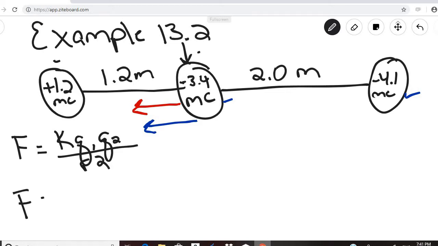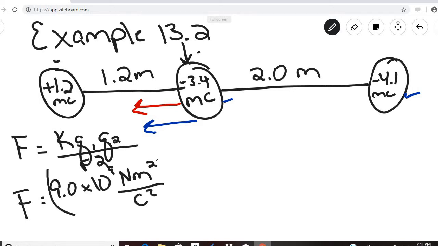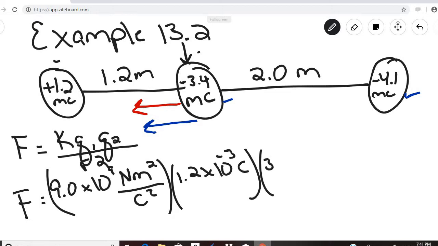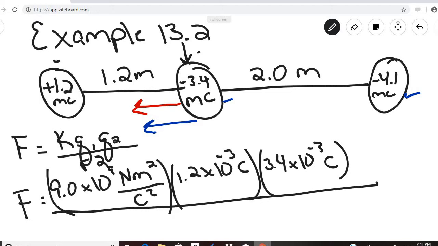So that will be equal to 9.0 times 10 to the 9 newton meters squared over coulomb squared, times 1.2 times 10 to the negative 3 coulombs, 3.4 times 10 to the negative 3 coulombs, and then we would divide that by the distance between them squared, so 1.2 meters and 1.2 meters.